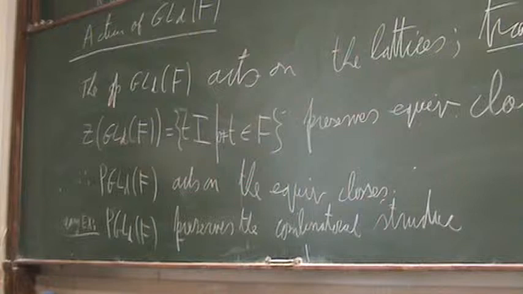So what do I have to prove here? I have to prove that if I take an invertible matrix, and I have two lattices which are equivalent, which are neighbors of each other, and I multiply them by a matrix, then they are still neighbors of each other. But this is trivial.